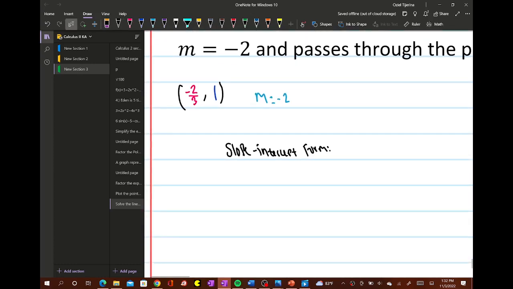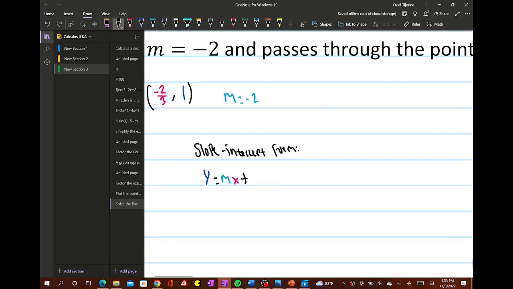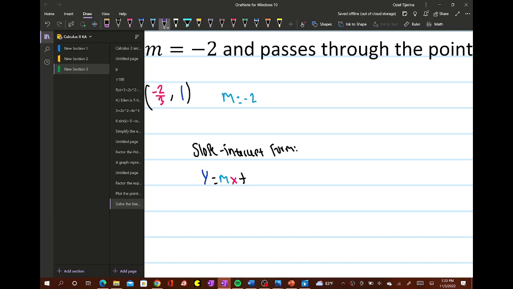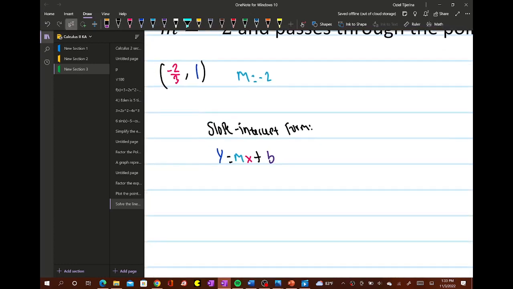So basically it's y equals mx plus b. B will be another part of it.